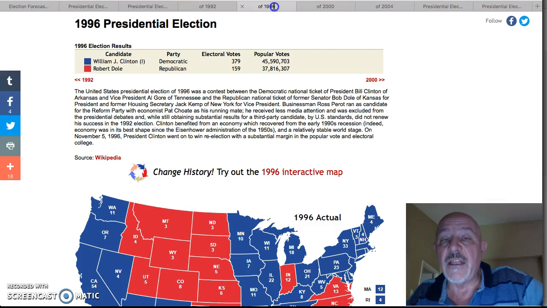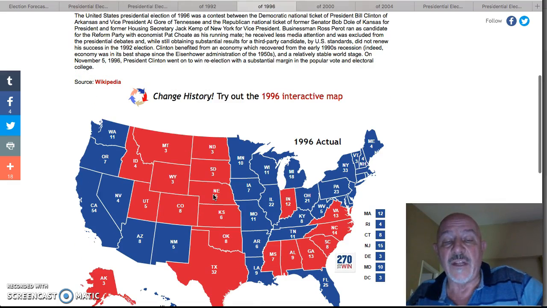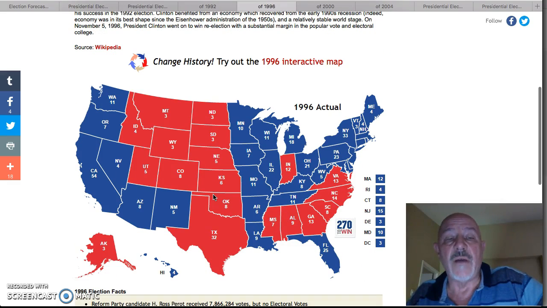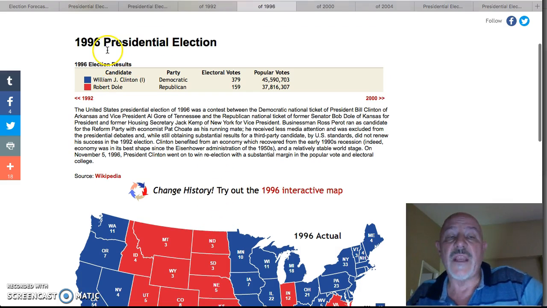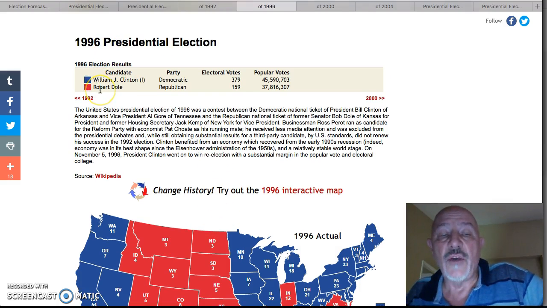The second Clinton election, the map looks a little bit different. This was with Bob Dole. Let's go back up and see the totals. Okay, so Robert Dole was the Senate Majority Leader. He retired and he became the presidential nominee for the Republicans.